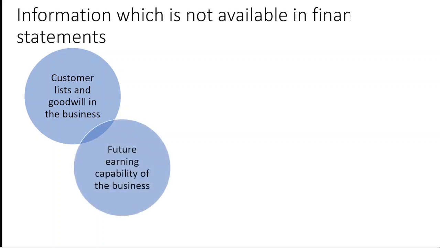There are future earning capabilities defined by the orders, defined by the product superiority, defined by the ability to command the market in the future, or the ability to innovate new solutions in the market. That is also not available in financial statements analysis.